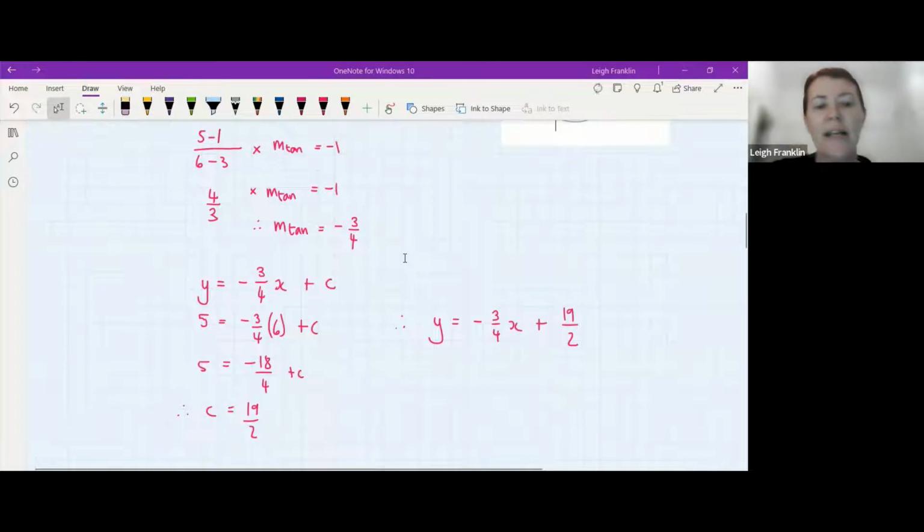Okay, so you said -3/4 times 6. Can you see there? So we were multiplying the gradient by the x coordinate. Okay. So if I get -9/2, is it still correct?